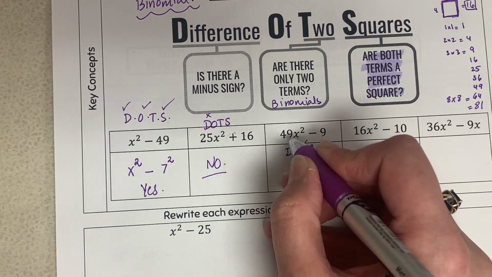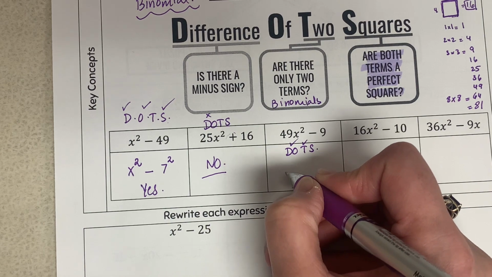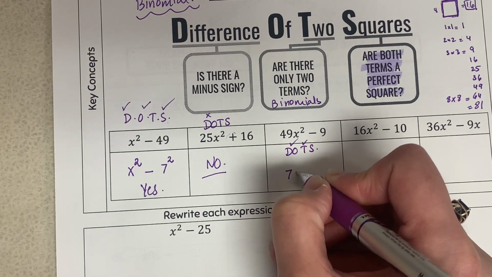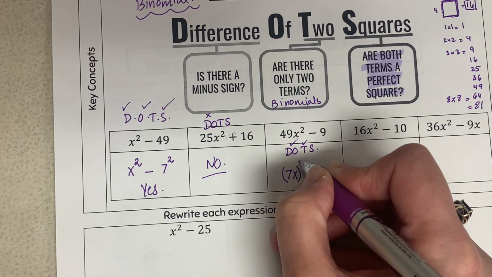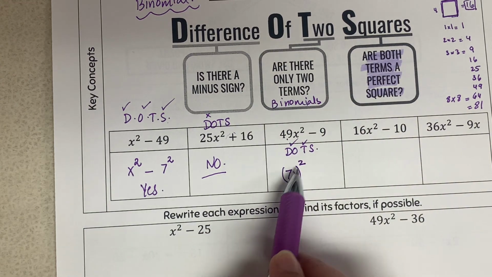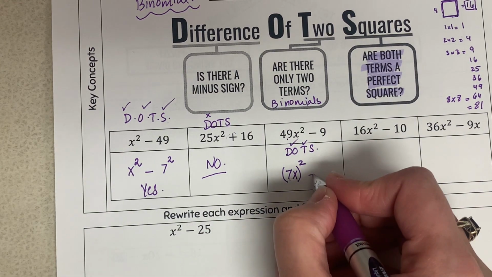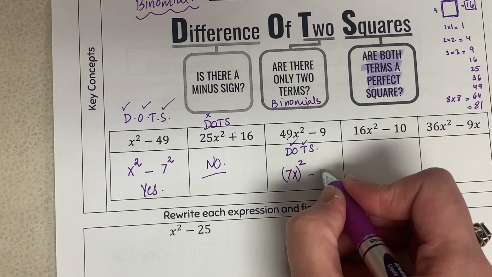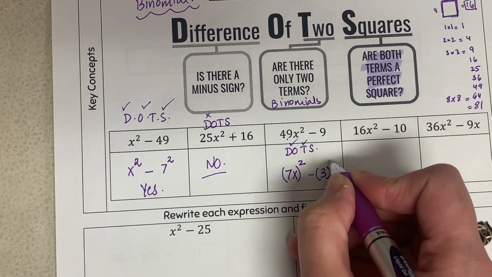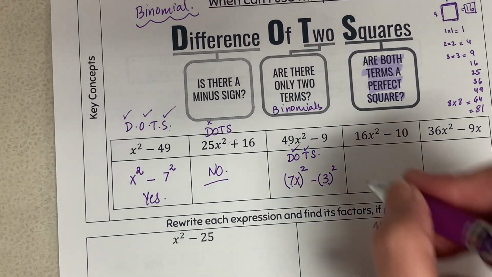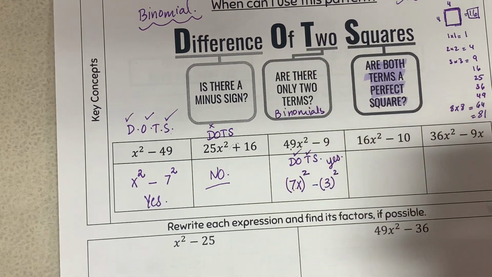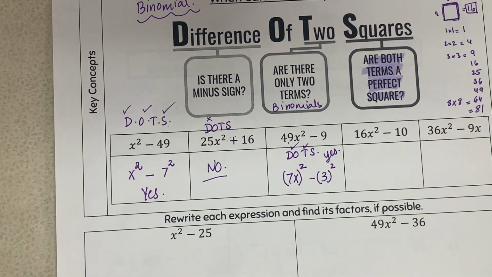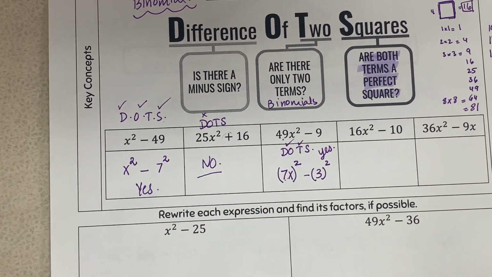Let's check. 7 times 7 is 49, so this is 7 squared. Is 9 a perfect square? Yes, 3 times 3 is 9. So yes, it's a perfect square. That method will work here.